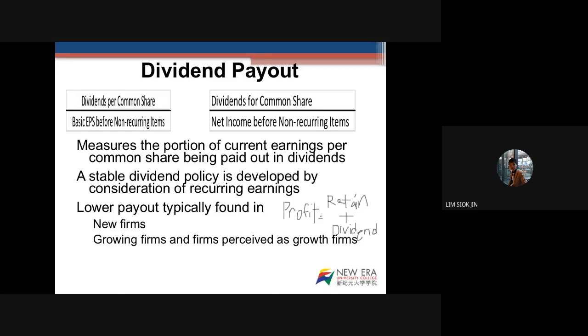Is dividend payout lor. Very easy. So if they retain 95%, that is the retained amount percentage. The remaining 5% is for this dividend payout. So if this company pay out only 5% is considered low. So this low payout usually found in new firms or growing firms. Same as before. Okay.